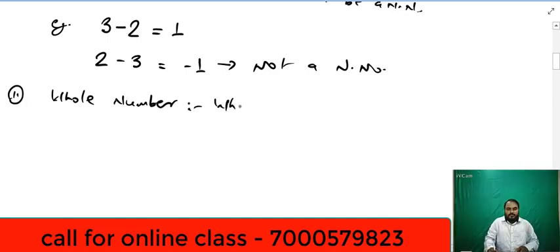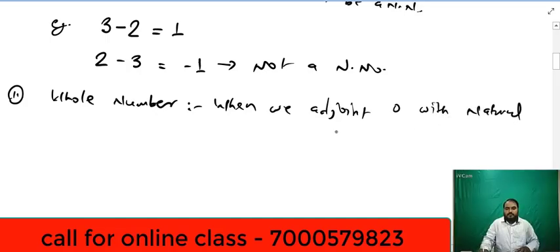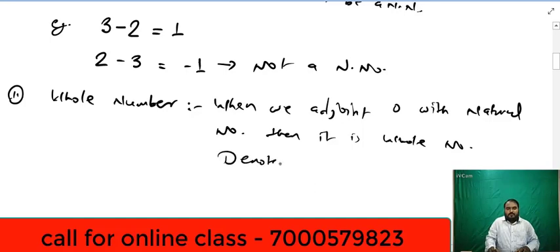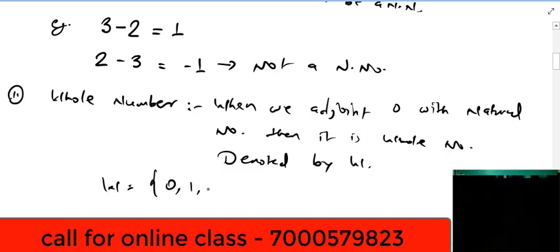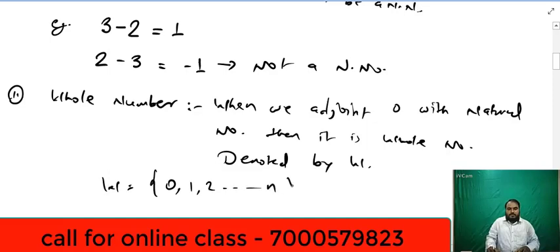When we adjoin 0 with natural numbers, then it is whole numbers. ठीक है, okay friends, denoted by W. So whole numbers will be equal to 0 together with all the natural numbers up to n.